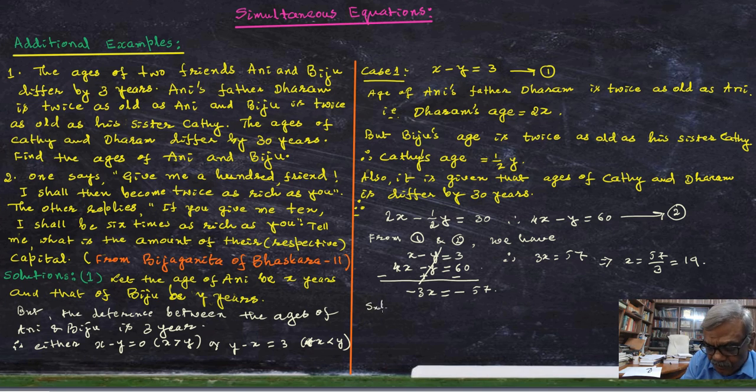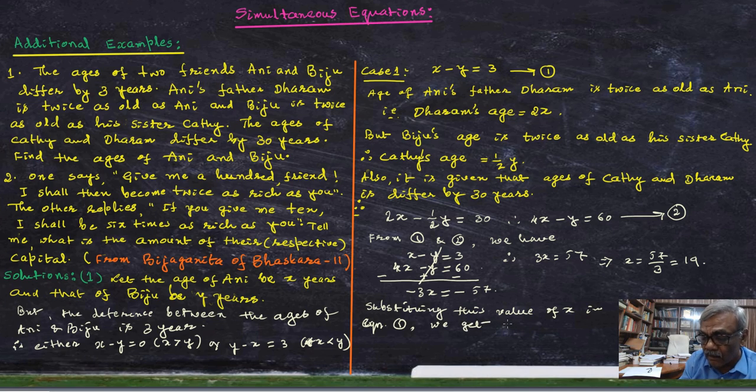Substituting this value of x in equation 1, we get 19 minus y equal to 3, which implies y equal to 19 minus 3. 19 minus 3 is 16.